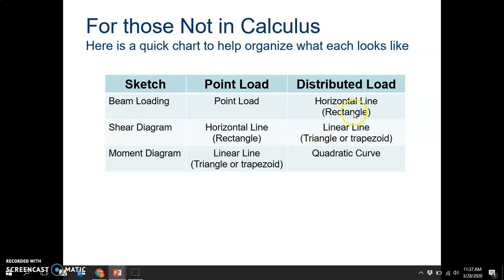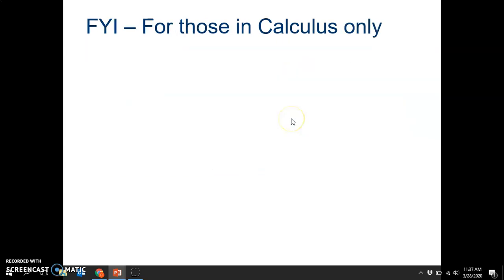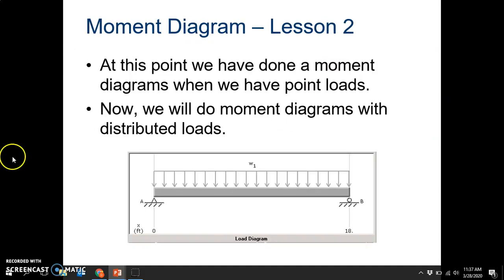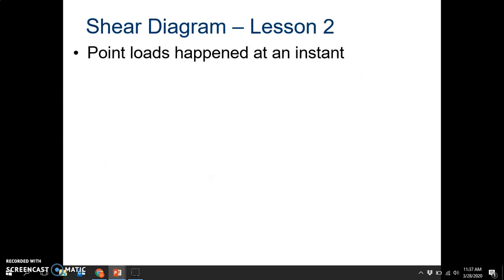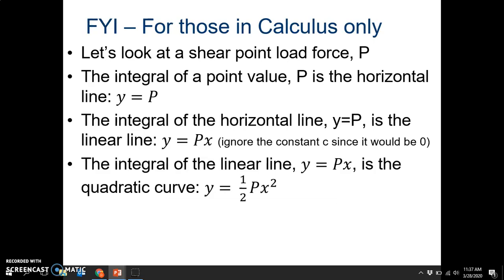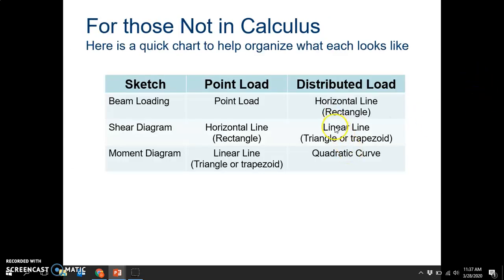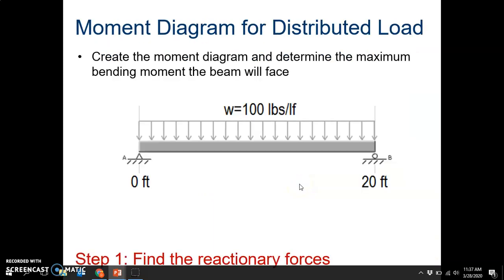Distributed loads would look like a rectangle for the beam loading. And then the area under that, when drawn out as a geometric form, would be a triangular shape. And the area underneath that, as a geometric form, would be quadratic. So it would be kind of a curved shape. What's that? Concave, I believe? I don't remember, it's been a while.